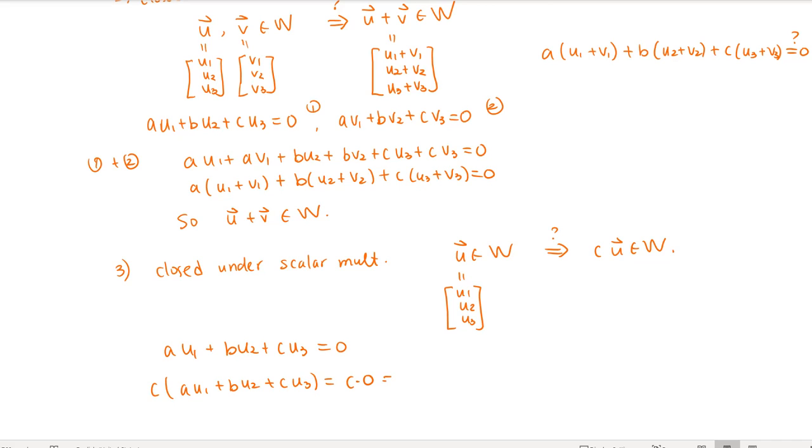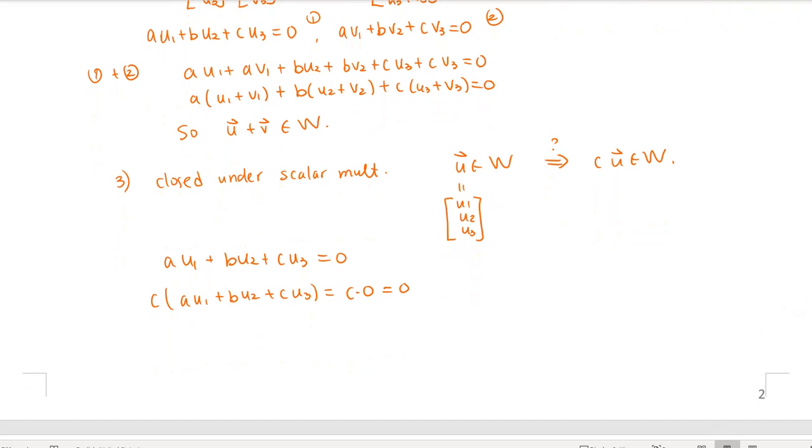When we multiply by c, c times 0 is also 0. But what is this? Well, we can distribute the c. Oops, abuse of notation, so let's not call this c, let's call it k.